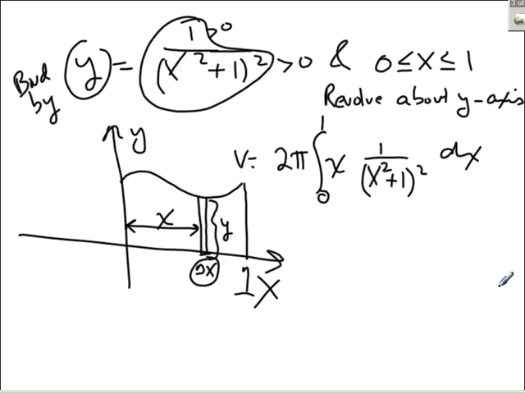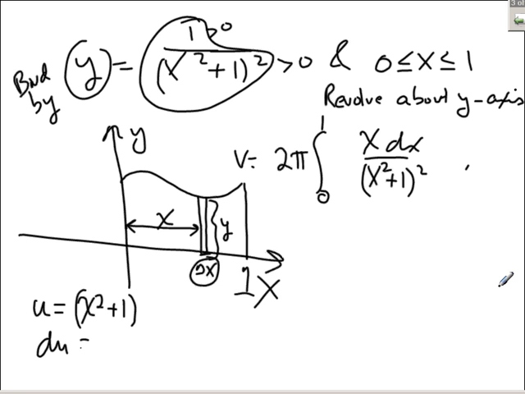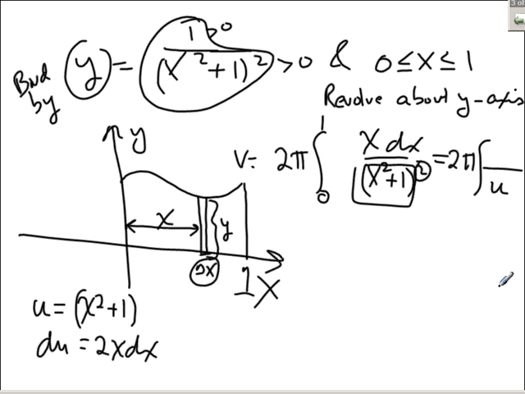So, to clean this up a little bit, multiplying the numerators, x times 1 times dx, well, that's just x dx. Now, if I call part of the denominator u, well then du is 2x dx. There's the 2 pi. The denominator, well that's u squared.